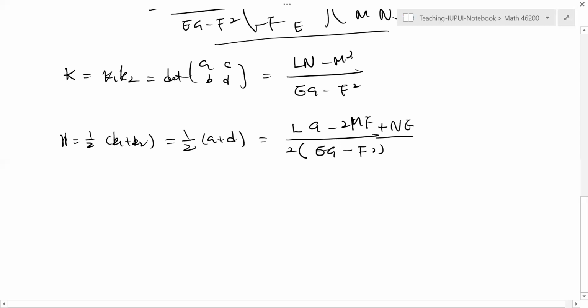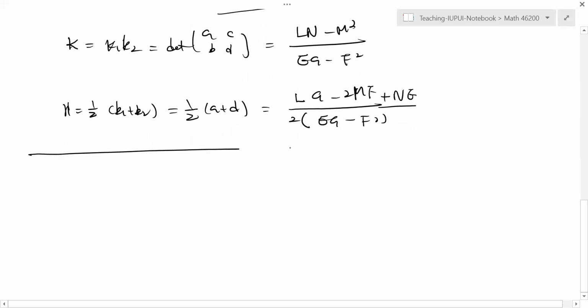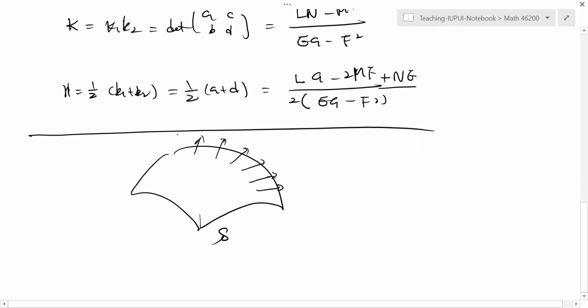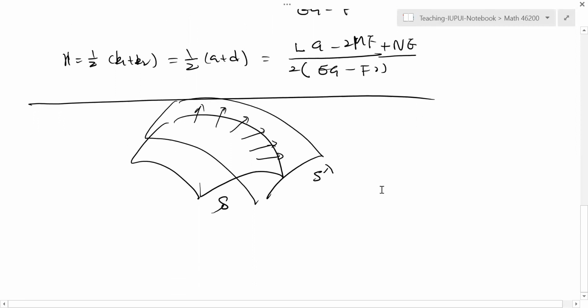So first of all, we consider the surface, called S. On the surface, you have a normal vector field. Now I can find another surface, which is completely defined by the normal vector field. How do I define it?